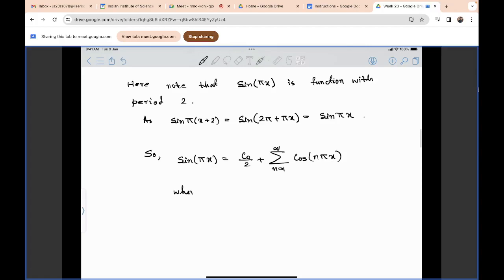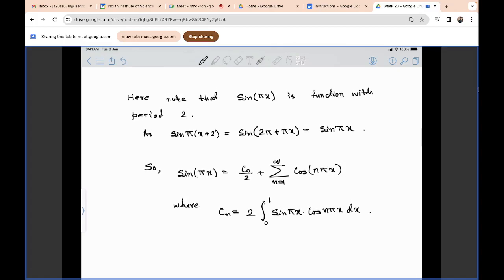And where c_n will be given by 2, because l is 1, integration 0 to 1 sin pi x times cos n pi x dx. So these are the coefficients.